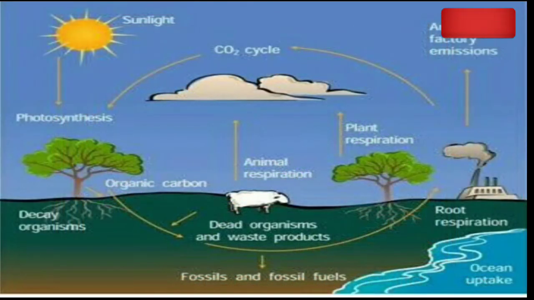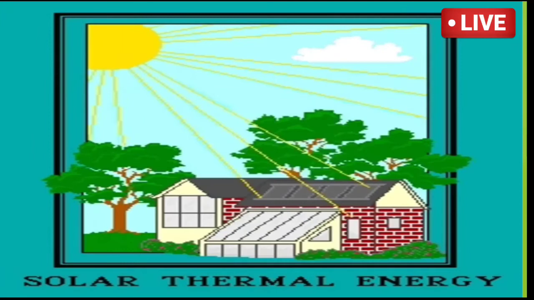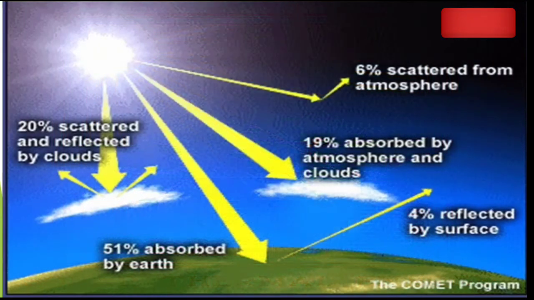Some amount of solar rays are also absorbed or reflected away by the clouds, smoke, or dust in the atmosphere. As we already discussed, the sun is releasing 100% sun rays toward the earth, but only 51% is absorbed by the earth, and the remaining 49% is scattered and reflected: 20% scattered and reflected by the clouds, 6% scattered from the atmosphere, 19% absorbed by the atmosphere and clouds, and 4% reflected by the surface.